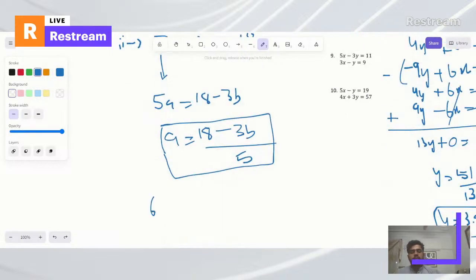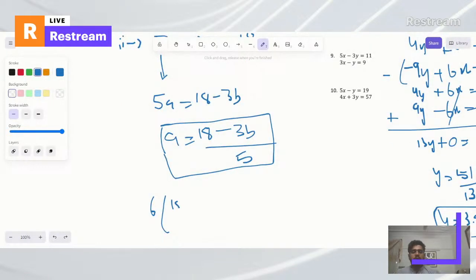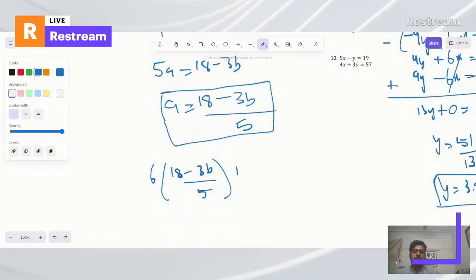So it becomes 6 times a. So what's the value of a? a is 18 minus 3b divided by 5, right? Plus 3b equals 23.